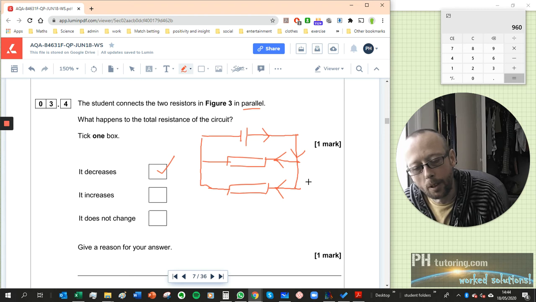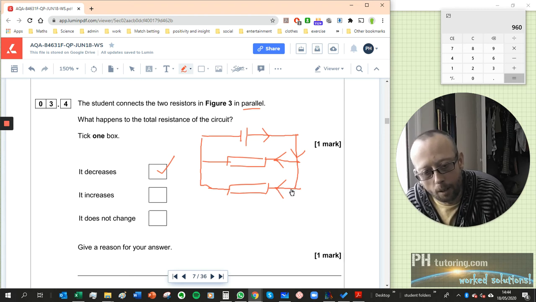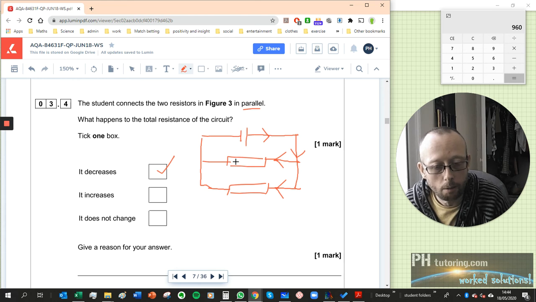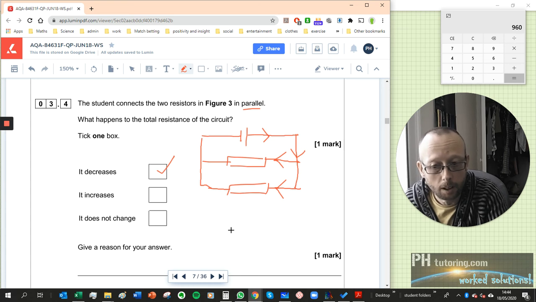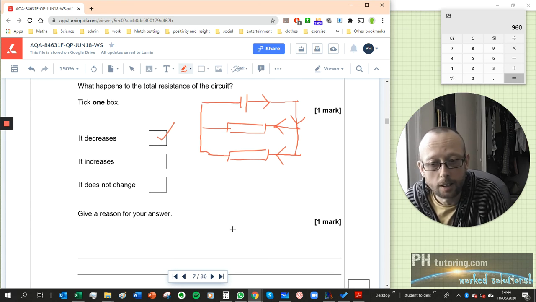So if there's a second resistor in parallel, what I've just done here is I've given the electricity a second option to go around the circuit. So rather than them all waiting for each other to go through this resistor here, half of them can go through this way, which means the flow of current will increase, and so the resistance goes down.